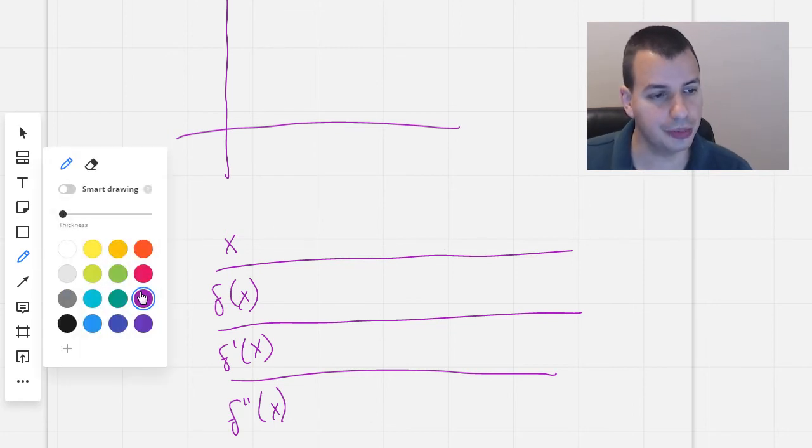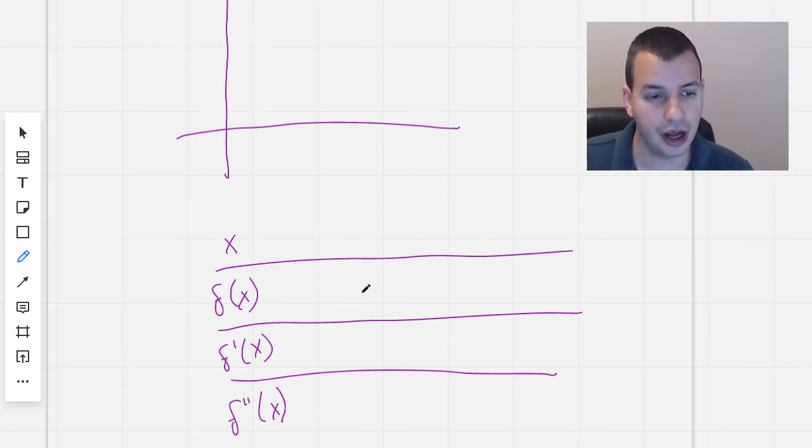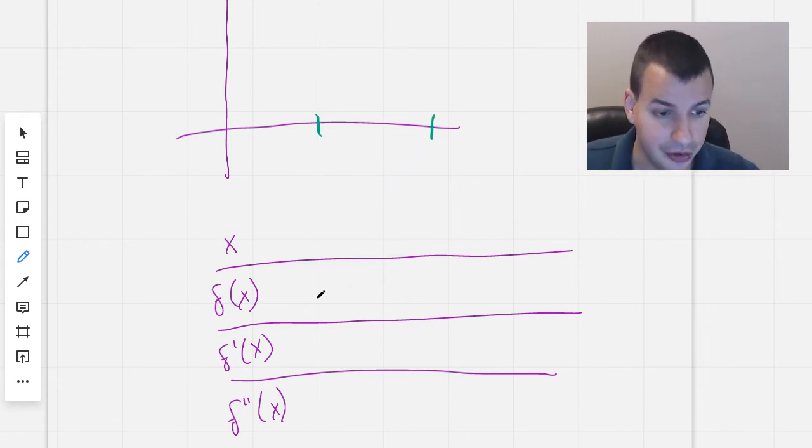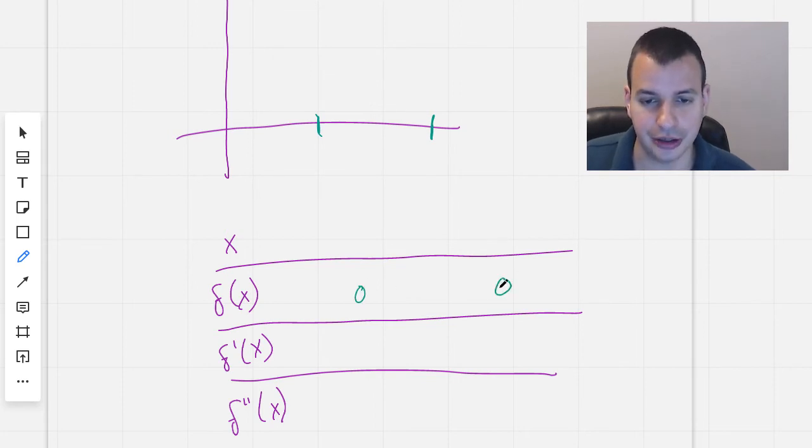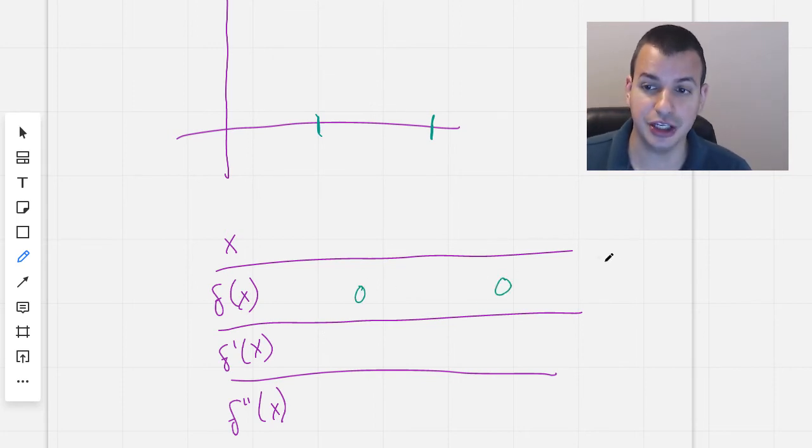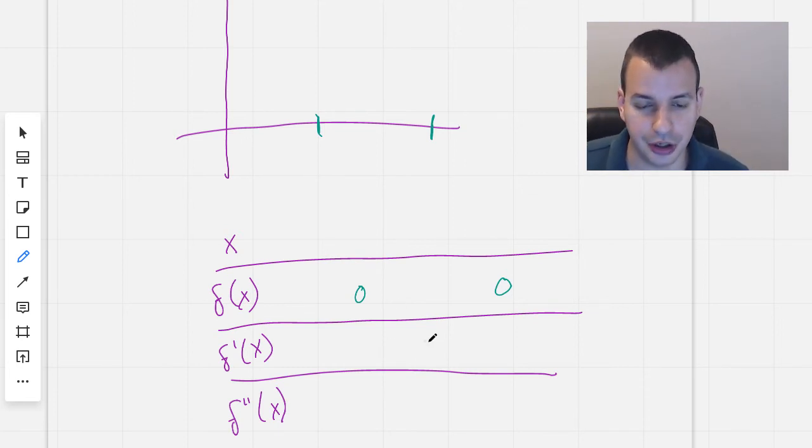So the roots will be where the function crosses the x-axis, where y equals 0, and then I write the roots right here. Then you find the derivative and set it equal to 0, which gives you critical points. So critical points is where f prime of x equals 0.